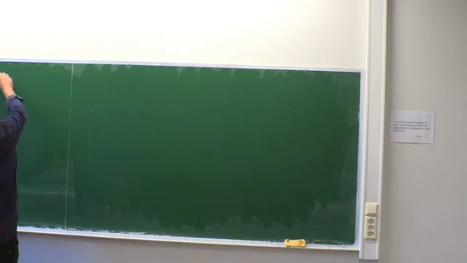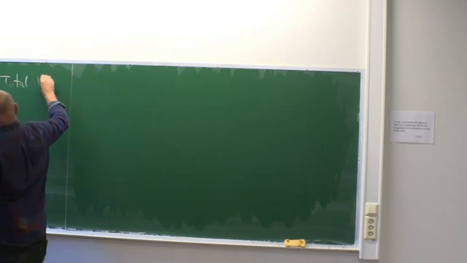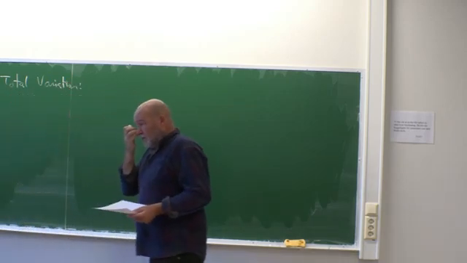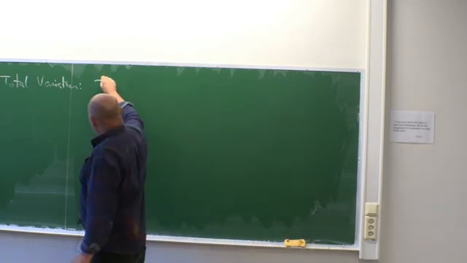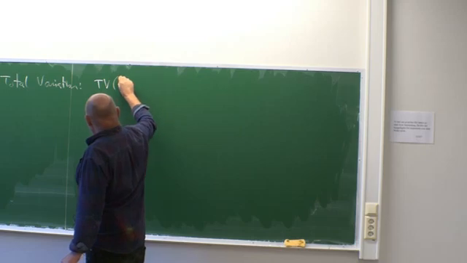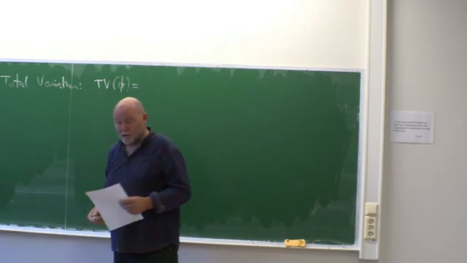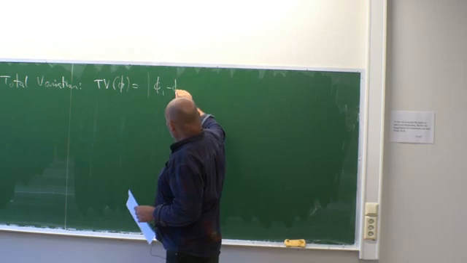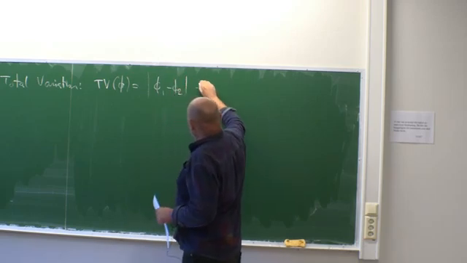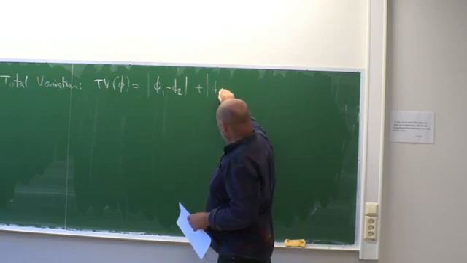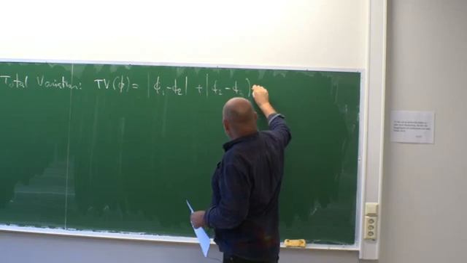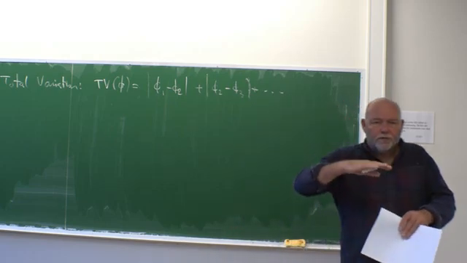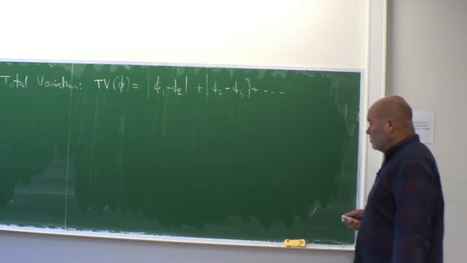So let's have a look at total variation. Total variation of a function, sometimes called just TV, of any function phi, is just the sum of all the differences: the absolute value of phi1 minus phi2, plus the absolute value of phi2 minus phi3, and so on. You just add all the differences, but with an absolute value.